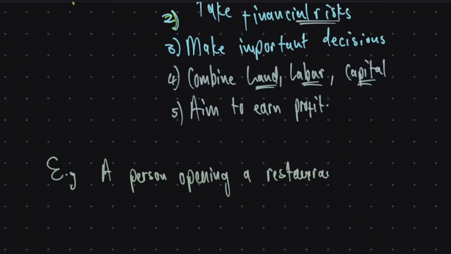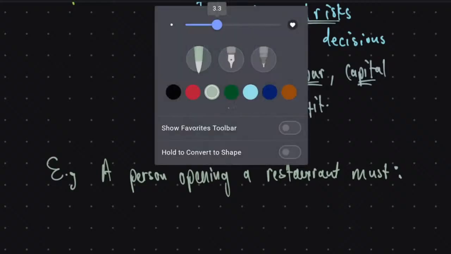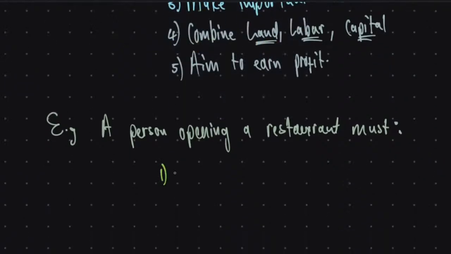What should they do, Alex? To be an entrepreneur, a person who's opening a restaurant, what should they do? They should rent, right? They should rent land or buildings, right? You need a place to open your restaurant. Is it not true?